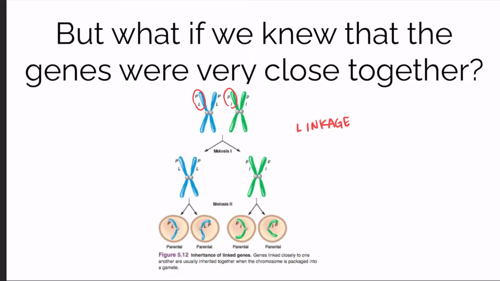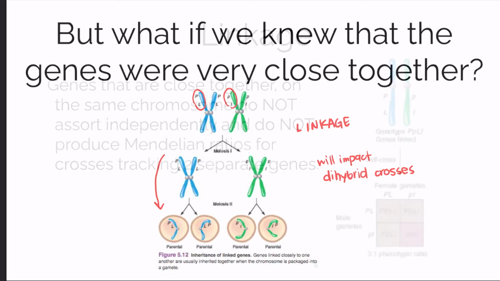As you can see in this picture, the big P only moves with this big L, and this little p only moves with this little l. So that will impact dihybrid crosses and affect the pattern of inheritance.